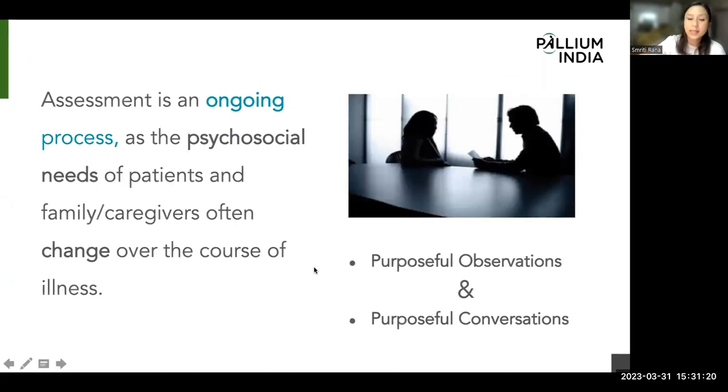Okay. Assessment is not a one-time thing. It is an ongoing process. And as the disease progresses, the face of the illness changes. Sometimes when the disease is under control and there haven't been too many setbacks, the patient might emotionally stabilize a little bit. They'll start prioritizing other things.